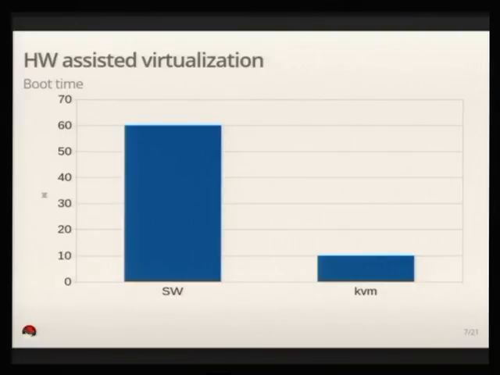So in the KVM case, I was able to get a shell in somewhere around 10 seconds, including the 5 seconds grub timeout. And if I wasn't using KVM or the hardware-assisted virtualization, just letting QEMU emulate all the instructions in software, after 60 seconds the guest was still booting up, and I couldn't get any shell, so I basically just killed it and stopped counting.